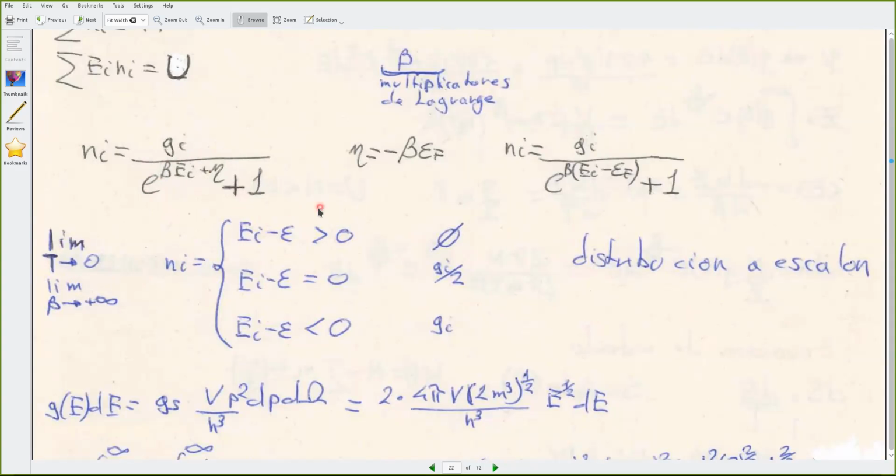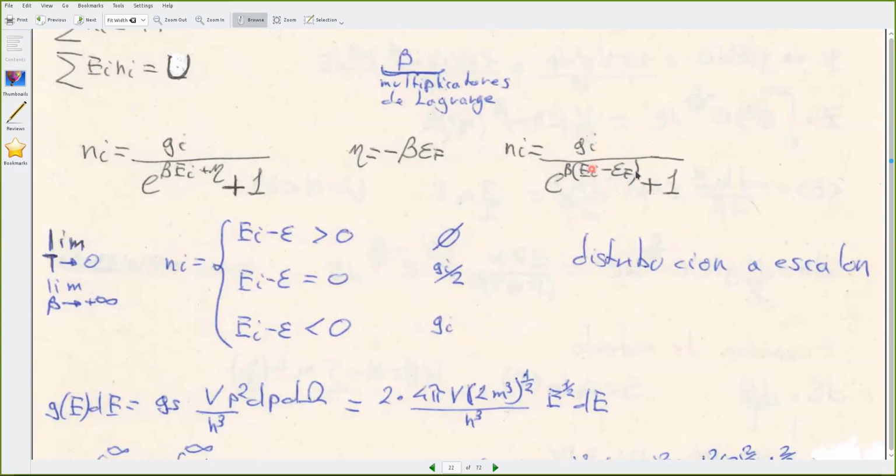For energy above the Fermi energy, this is positive, so if this goes to infinity, this is really big, so this goes to zero. So we have no particles above.